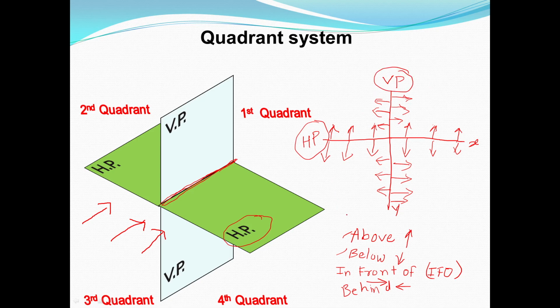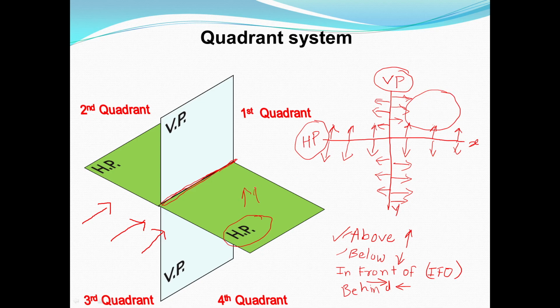Now, above the horizontal plane means the upper side of this horizontal line, and in combination we can use in front of the vertical plane. So we get the first quadrant.